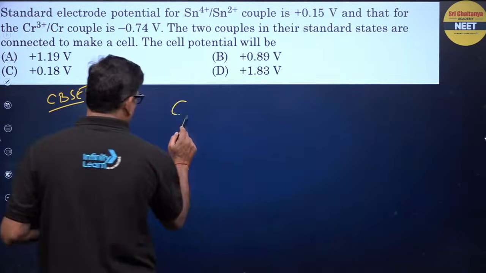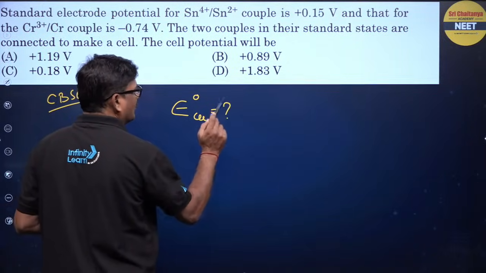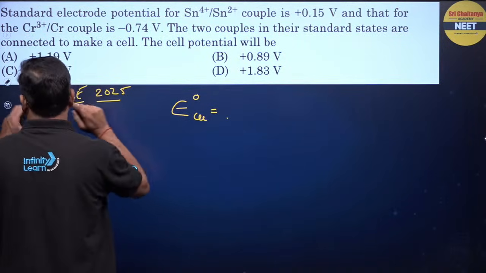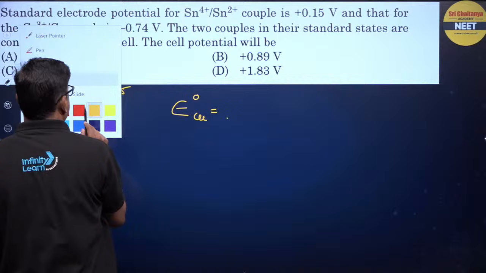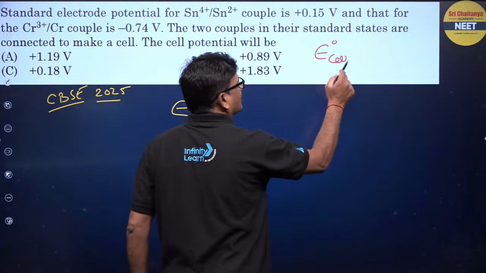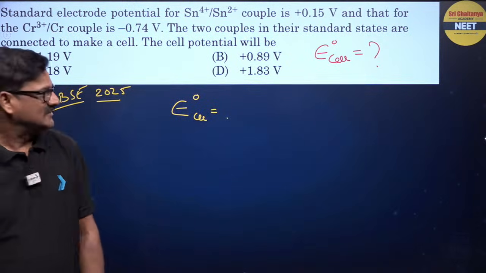So we know that E naught cell is asked, right? How to calculate?